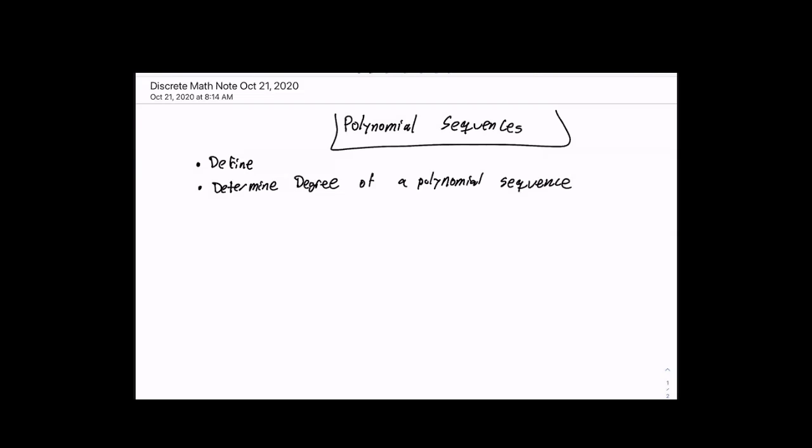So the first one being, what is a polynomial sequence?